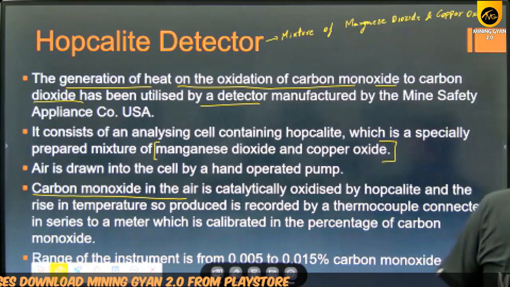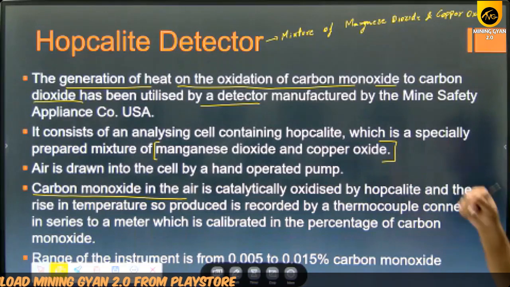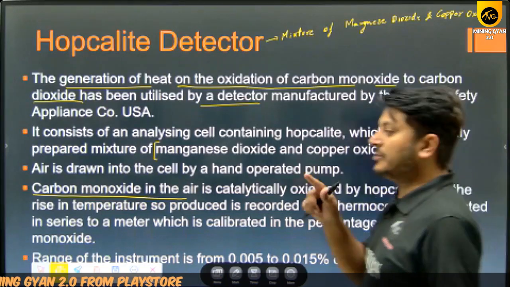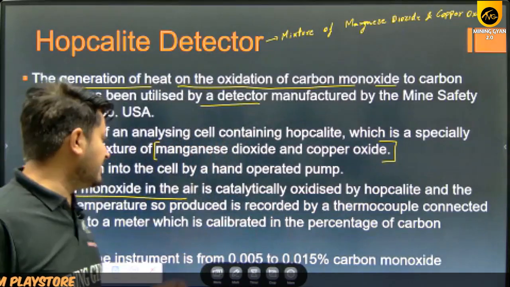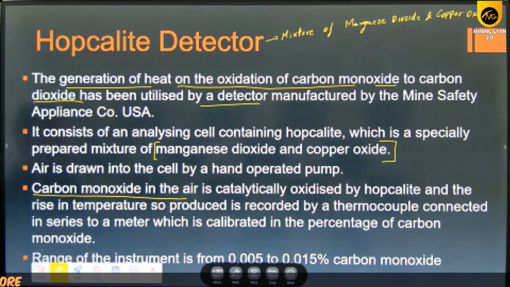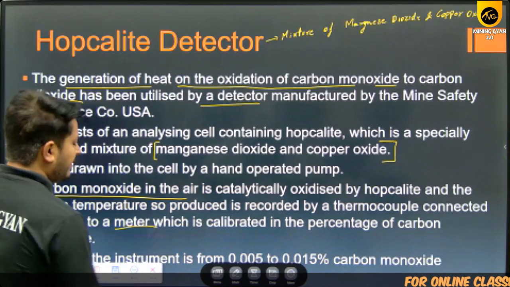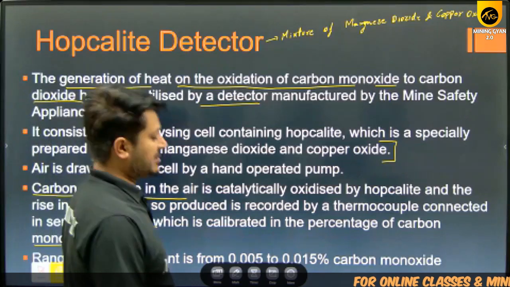There is a thermometer fixed beside it, and you will notice on that thermometer the temperature is rising, and with the rise in temperature you can calculate the percentage of carbon monoxide, because there is a meter given over there. With the help of that meter only you will be able to find out the percentage of carbon monoxide.